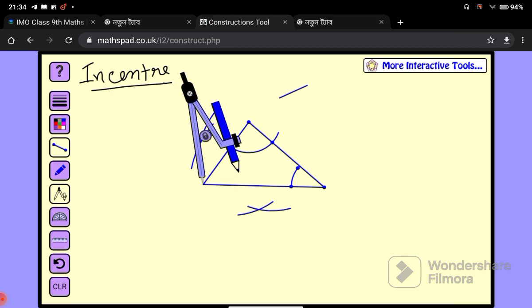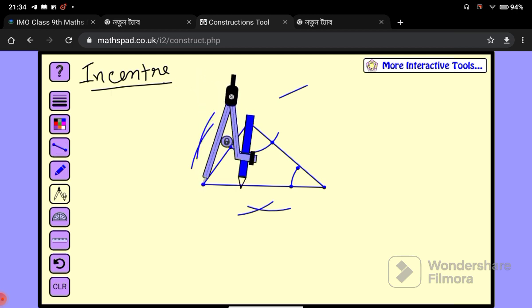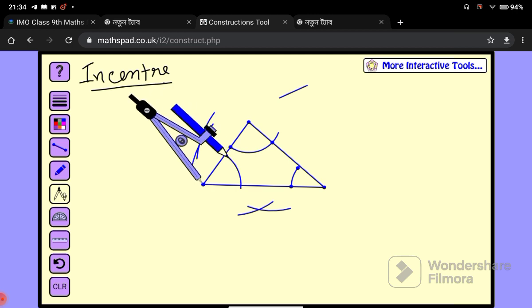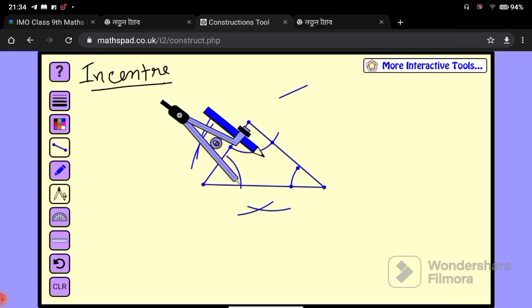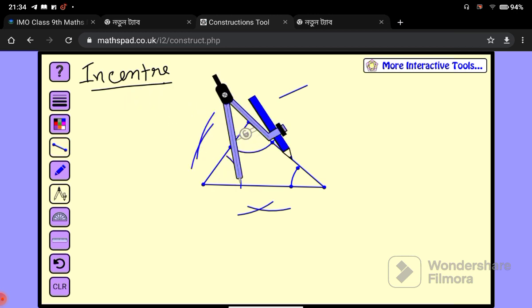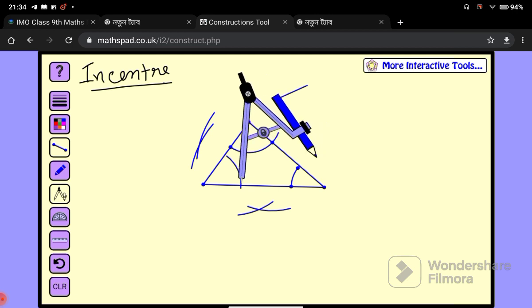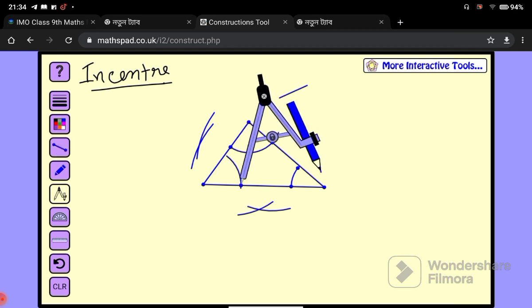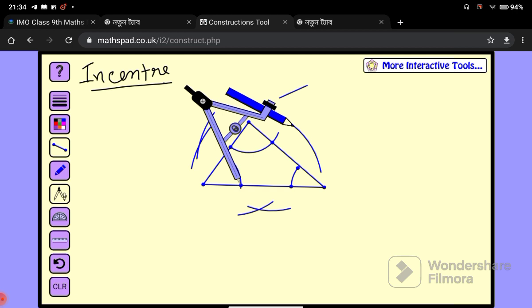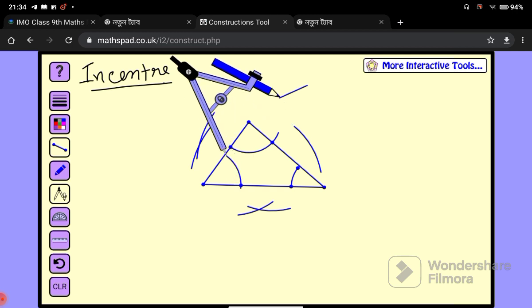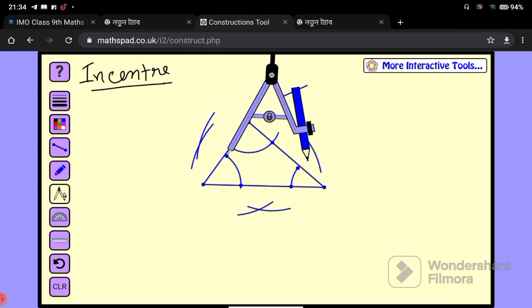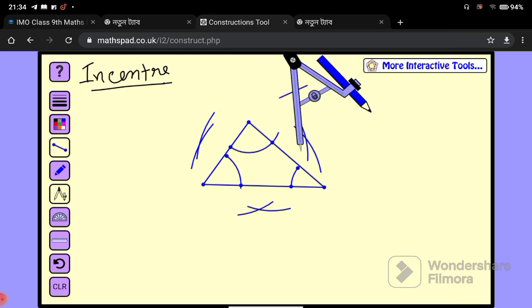This measure, any measure you can take, no problem. Draw it. Yes. Again put it here. Extend it. That's all.